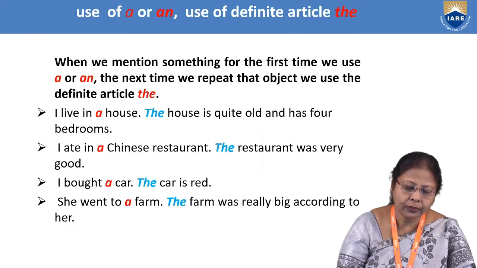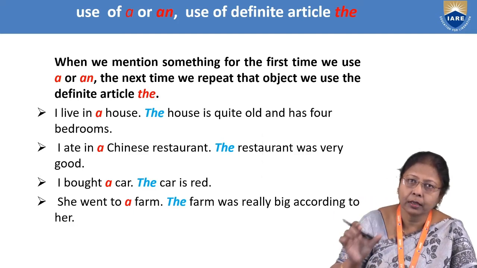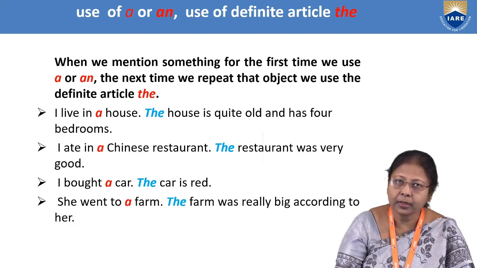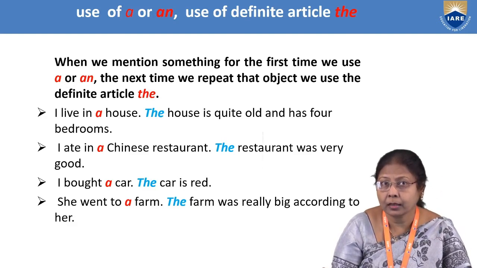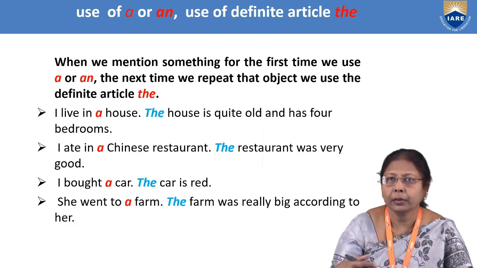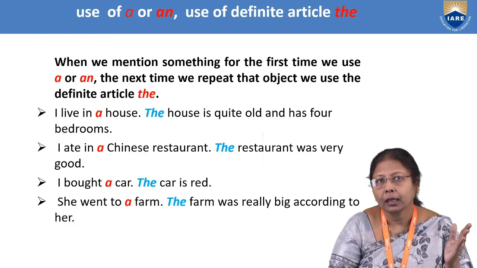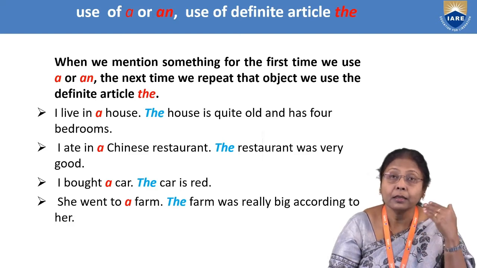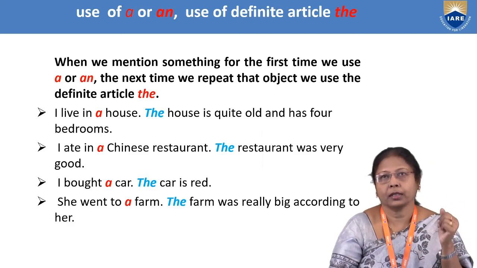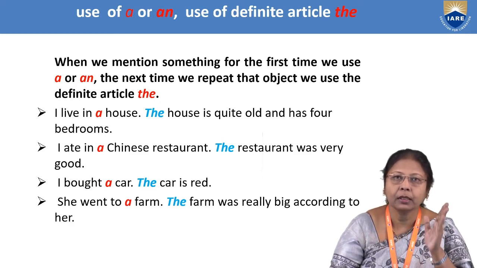Here, I would like to express the use of the definite article in one simple sentence. So here, when we mention something for the first time, as we already discussed, let me remind once again. For the first time, we use a, which gives the sound of an, and an. The next time when you repeat the same object, we have to use the definite article the.